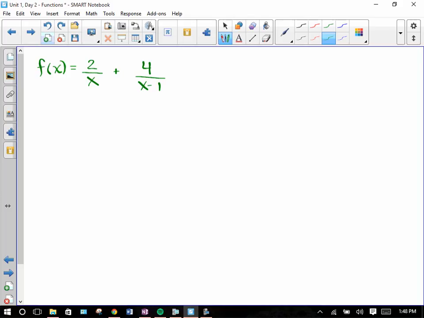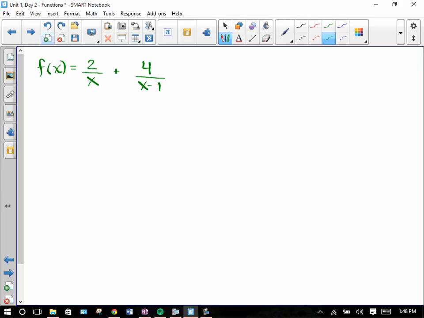Yes, there's a plus sign in the middle. So it says 2 over x plus 4 over x minus 1. Okay? So it looks challenging just because there's 2 fractions up here, but not challenging. Do we have any square roots up here? I don't have to worry about anything with square roots. Nothing has to be greater than or equal to 0. Do I have denominators up here?